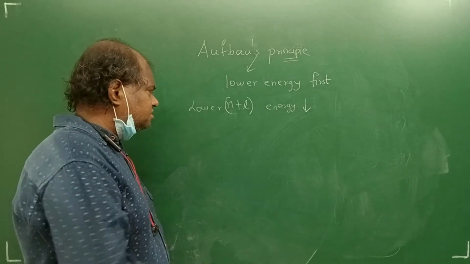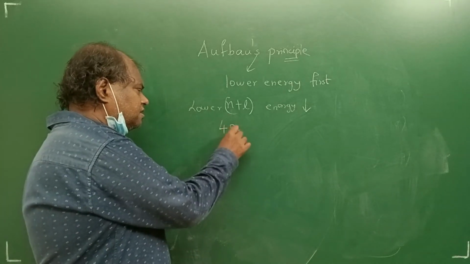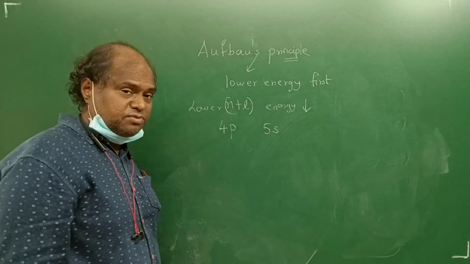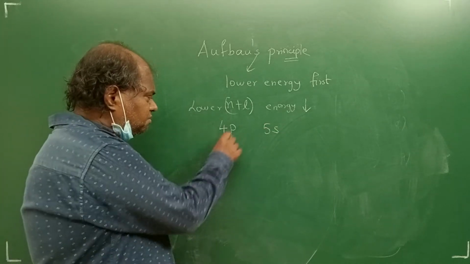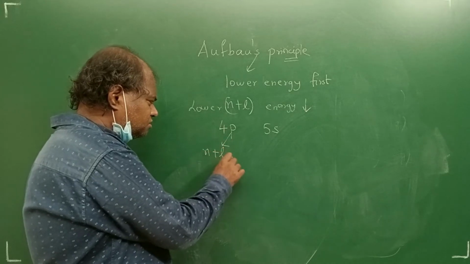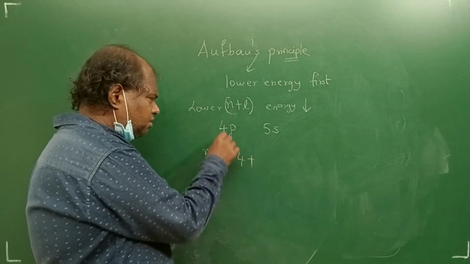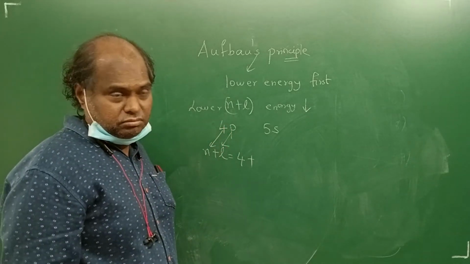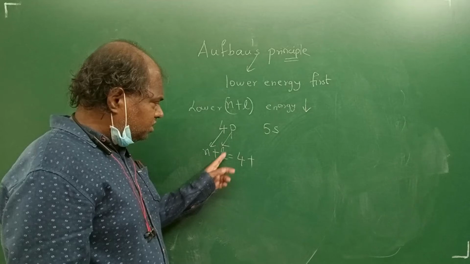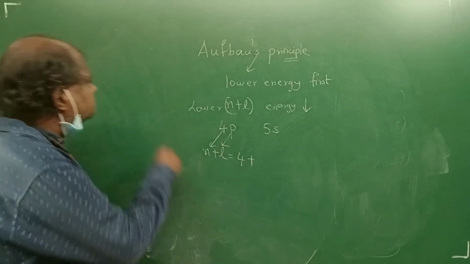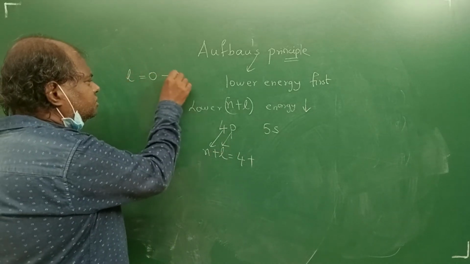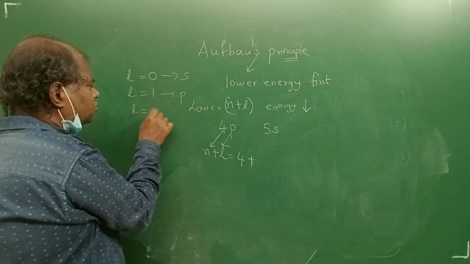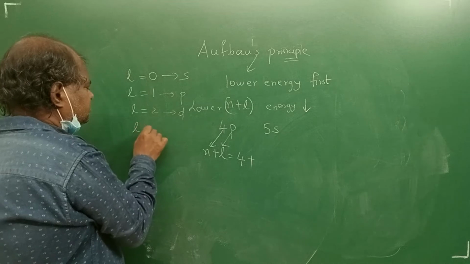Let's take some examples. Let's take 4p and 5s, and let's decide which you will fill first. Now, what is the N plus L value for this? N plus L is equal to 4 plus... what is the value of N here? 4. What is the L value for p orbital? Like yesterday I told you, L is equal to 0 for s orbital, L is equal to 1 for p orbital, L is equal to 2 for d orbital.